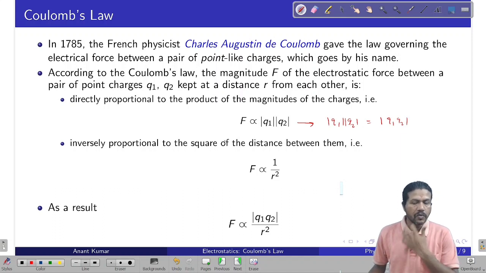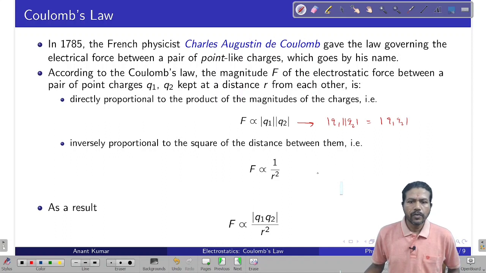Interestingly, Coulomb was able to derive this variation without actually knowing the magnitude of the charges. First of all, he used a particular device referred to as the torsional balance, which was earlier used by Lord Cavendish to measure the universal gravitation constant value, which appears in Newton's law of gravitation.